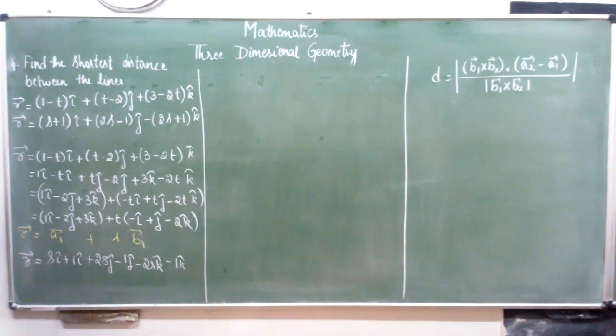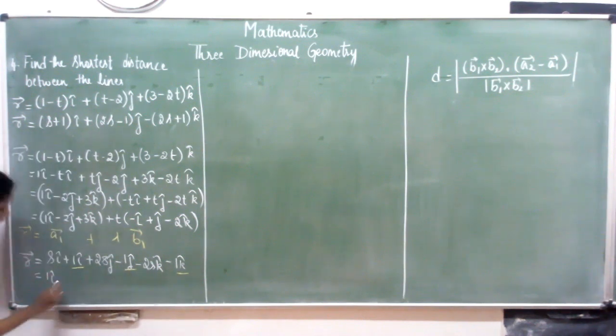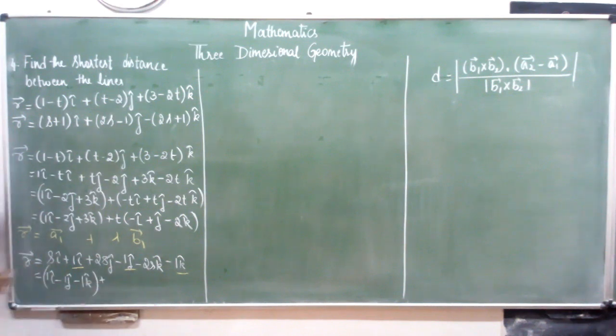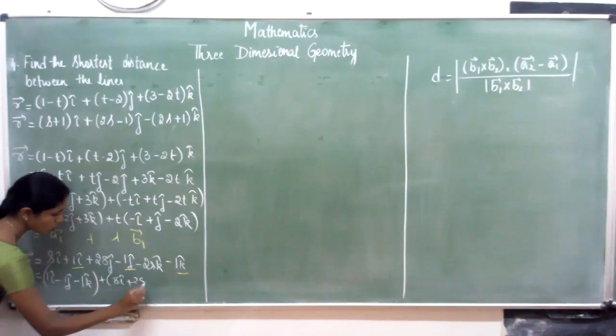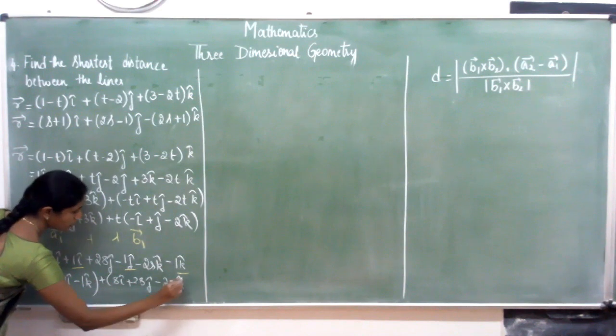After this, group all the terms which do not contain s. So it is 1 i cap minus 1 j cap, and the terms which contain s are s i cap plus 2s j cap minus 2s k cap.